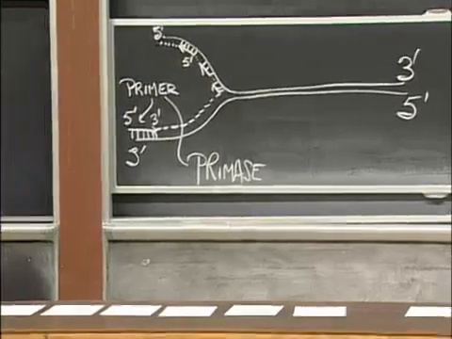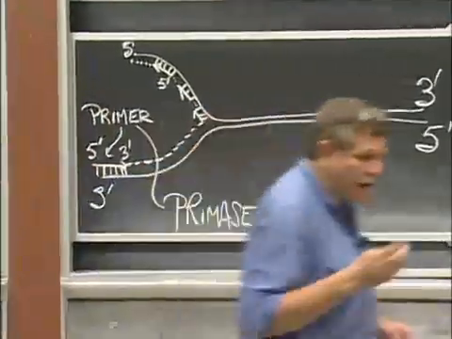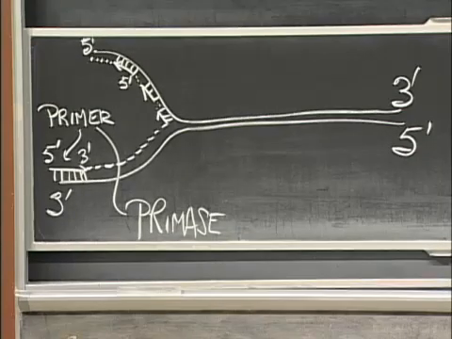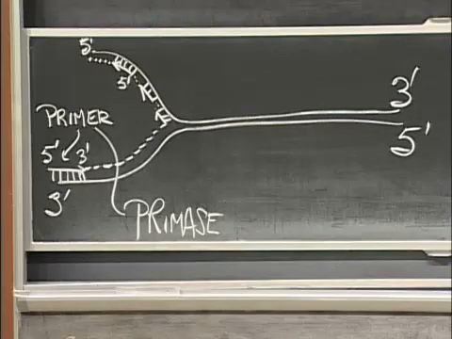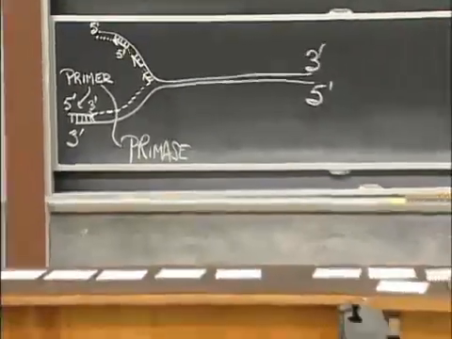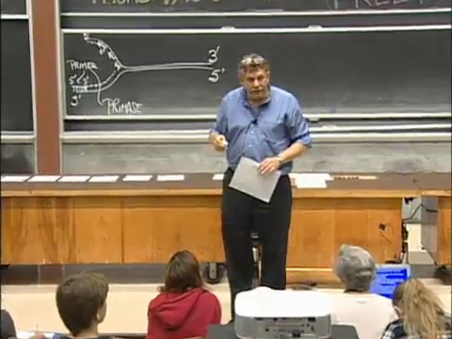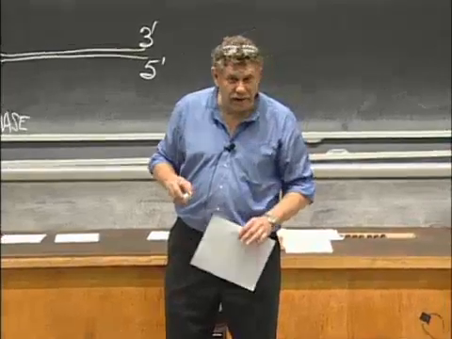So the two strands are experiencing a very different kind of replication. In one case, one primer in the 5' to 3' direction is enough to keep going. In the other strand, as it keeps opening up, you've got to keep making primers. You have all these little fragments there. Now, those little fragments were discovered by Okazaki.